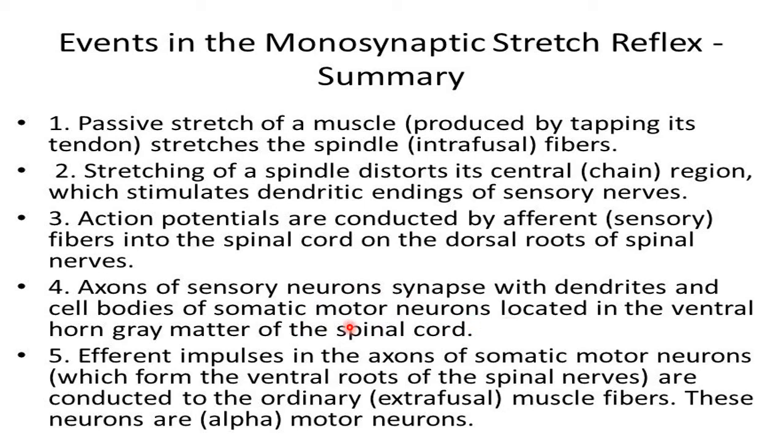The motor neurons are situated in the ventral horn, gray matter of the spinal cord, but their axons pass through the ventral root of the spinal nerves, and they supply the extrafusal muscle fibers. So the extrafusal muscle fibers are supplied by the alpha motor neuron.